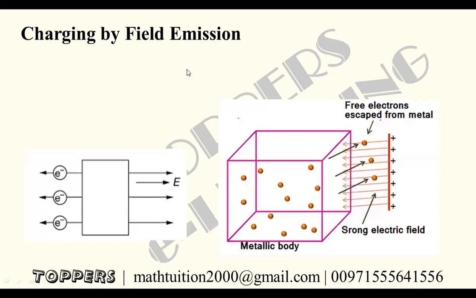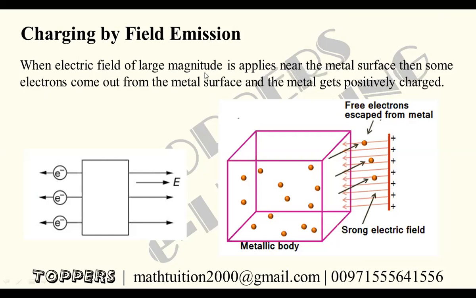Next, charging by field emission. What do you mean by charging by field emission? When an electric field of large magnitude is applied near the metal surface, then some electrons come out from the metal surface and the metal gets positively charged. See, we are applying an electric field of large magnitude.